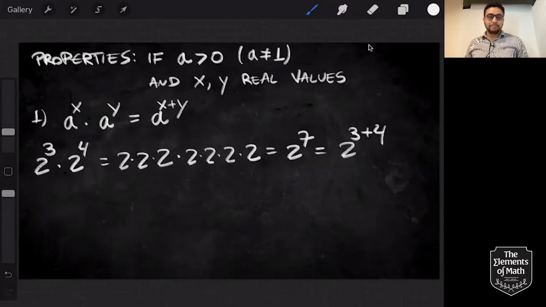That's just one example. But you can think about, if you have a to the power x, a to the power y, where x and y are natural numbers. So a to the power x, I'm multiplying a by itself x times.